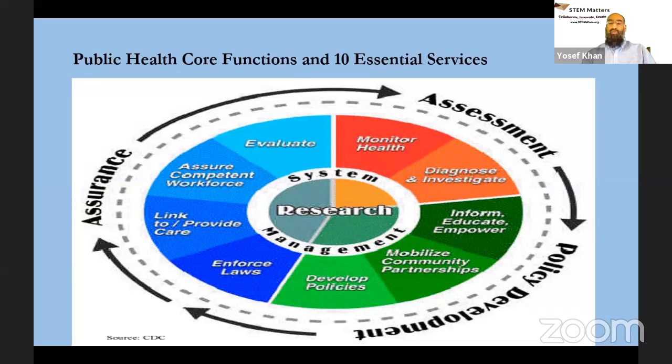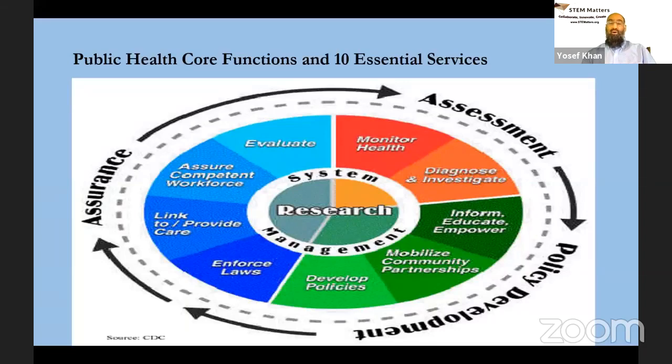The third aspect is informing, educating, and empowering, that we inform individuals where a disease is occurring, why a disease is occurring. We educate them in terms of what are healthy behaviors and risk factors. We mobilize community partnerships.